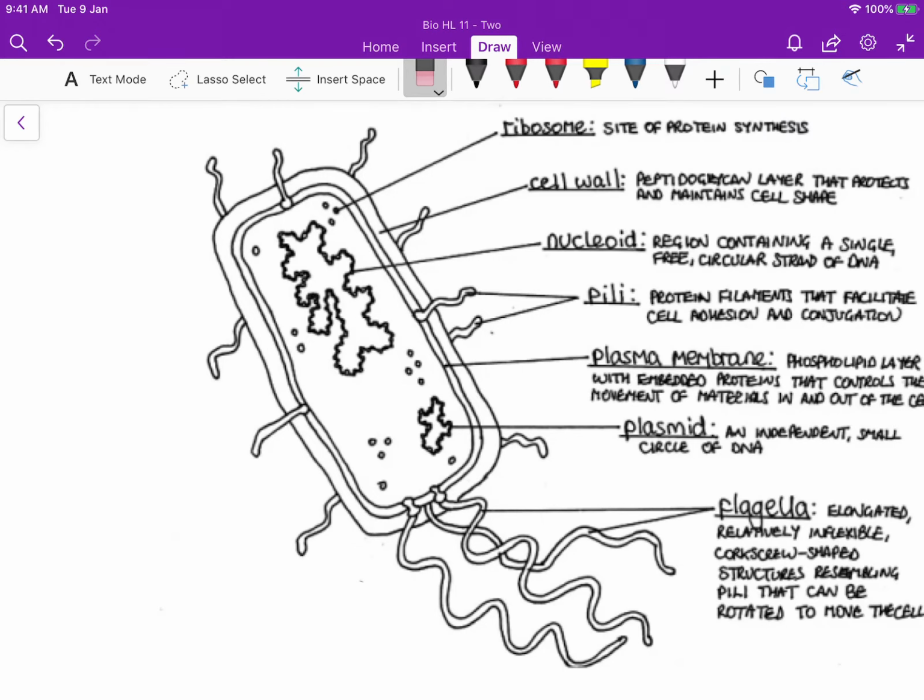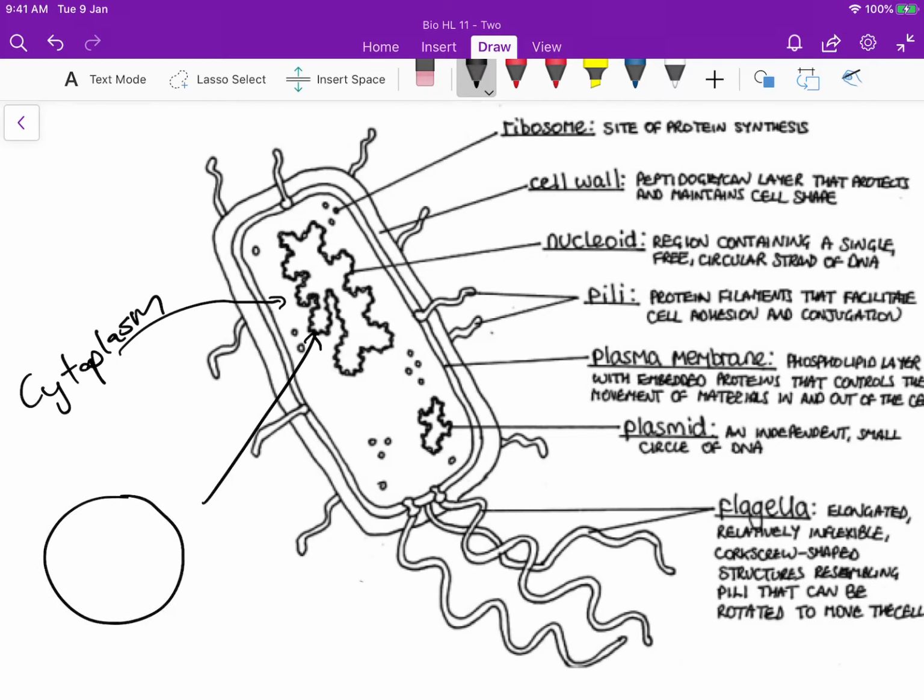They've got ribosomes, they have a cell wall, and then inside the cytoplasm, because this bit here is the cytoplasm, inside the cytoplasm there is this, and so we drew it as more of a circle there, here it's more wiggly, but they've just got a circular chromosome.